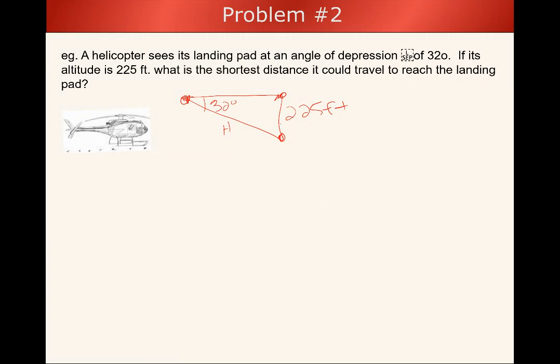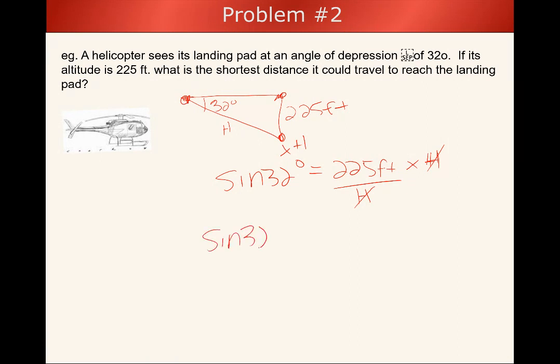So we go, it's opposite and hypotenuse. So it's going to be sine 32 degrees equals opposite, which is 225, divided by hypotenuse. I'm going to just put an h in for that. This is like one we saw a little ways back. It is a bit of a pain to solve for the thing that's in the bottom of your equation because I got to multiply both sides by h. So it's going to be sine 32 times h equals 225 feet.